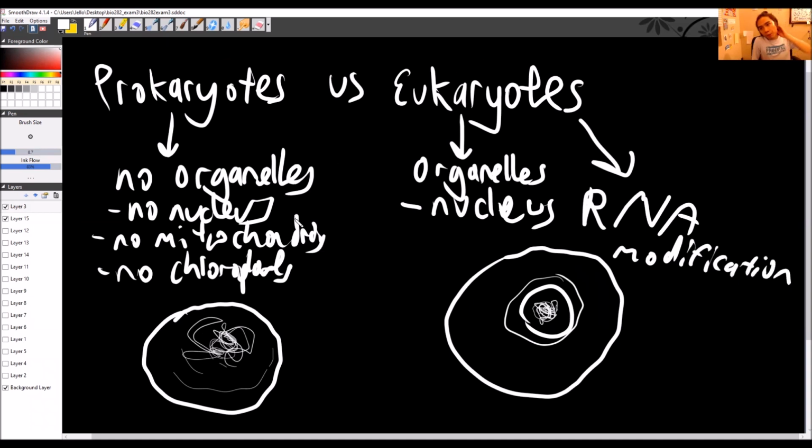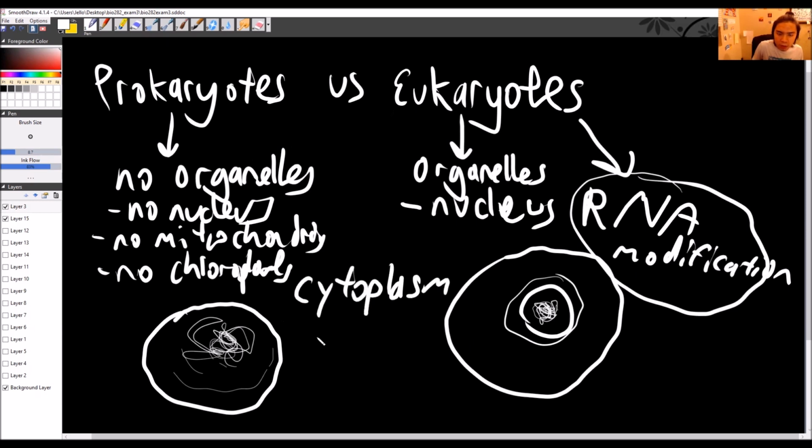In reality, transcription, translation, and even replication are extremely different between prokaryotes and eukaryotes, and I don't think they even touch on this in class, so you do not have to worry about it. So know that eukaryotes, because they have that nucleus, are capable of RNA modification.